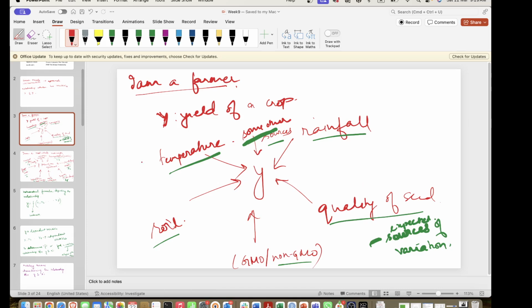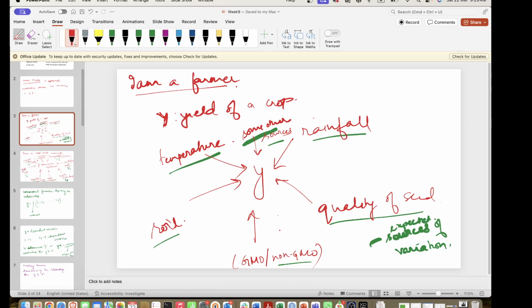Let me assume that I have all the information. But whether it is genetically modified or non-genetically modified, let's say this information is not available directly, but we'll have to do some sort of testing to actually find out whether this is a GMO or a non-GMO crop, and it's not stated in the seed bag, let's say.